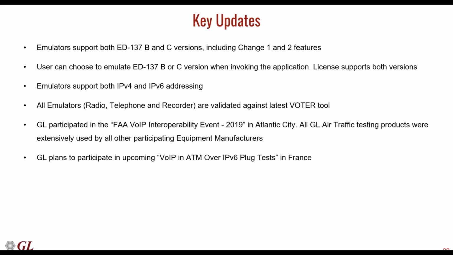Based upon the choice, we simulate the calls as per the corresponding version. All our emulators support both IPv4 and v6, and we have also validated the emulators against the latest voter tools.